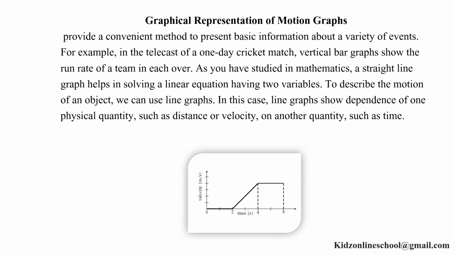As you have studied in mathematics, a straight line graph helps in solving a linear equation having two variables. To describe the motion of an object, we can use line graphs. In this case, line graphs show dependence of one physical quantity such as distance or velocity on another quantity such as time.